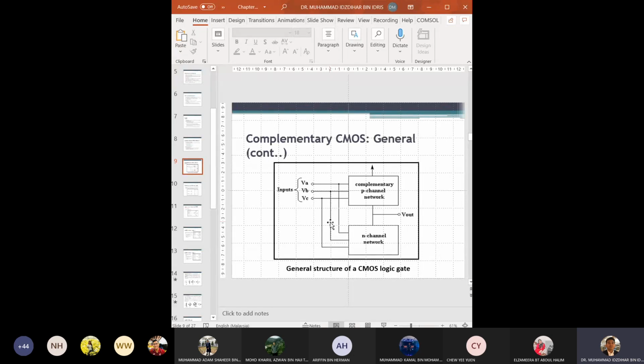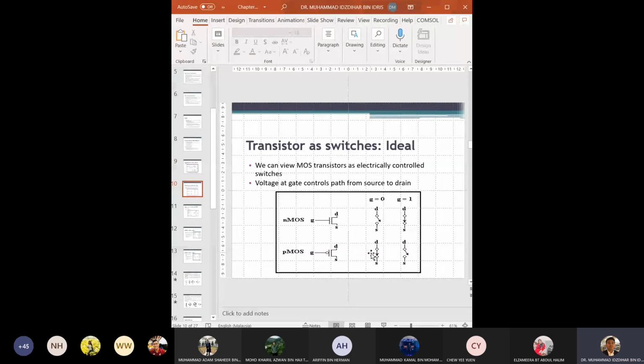In this example, you have three inputs, VA, VB, and VC. On the top, you can have VDD, ataupun power supply. And you can have a ground dekat bawah, which is connected to the N channel network. So the complementary P channel network adalah N channel network kat bawah tu. So you can have P channel above and N channel below. So this is the general structure of CMOS logic gate.